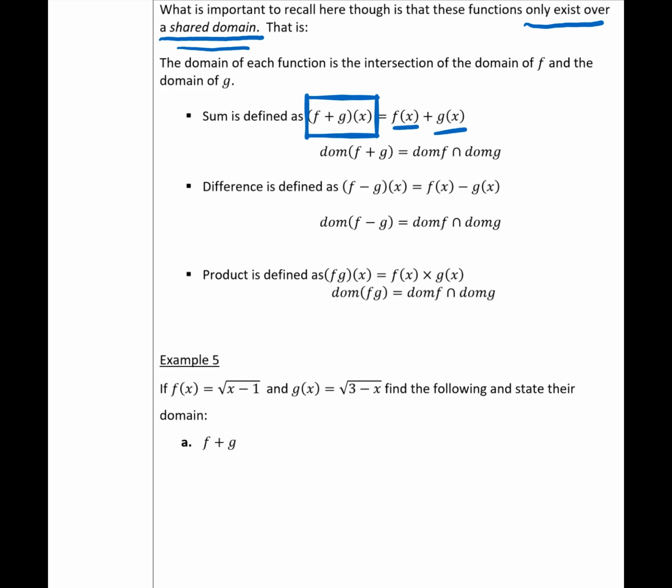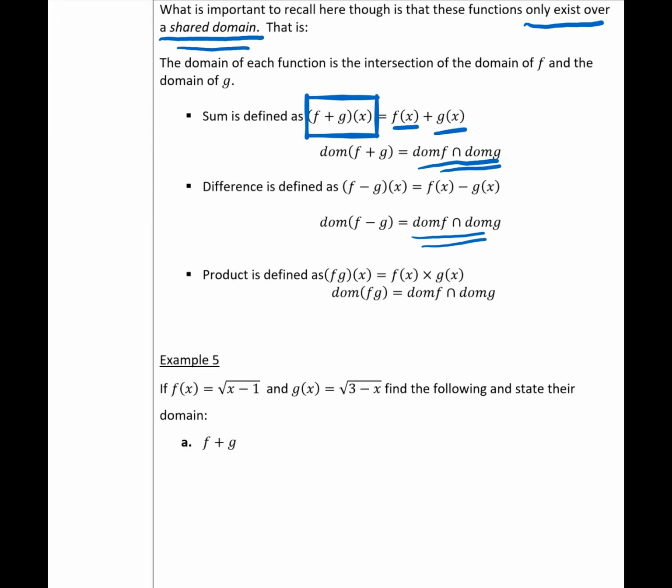They're the same. But what's important, regardless of what f's domain was, and regardless of what g's domain was, the sum is going to be the intersection of both. Think of this as the overlap. The difference is exactly the same, and we need to know that it's only the overlap in which they exist.